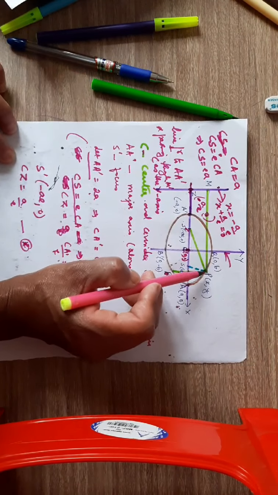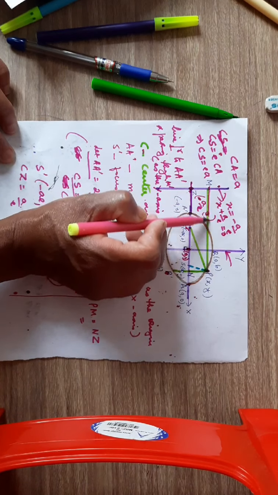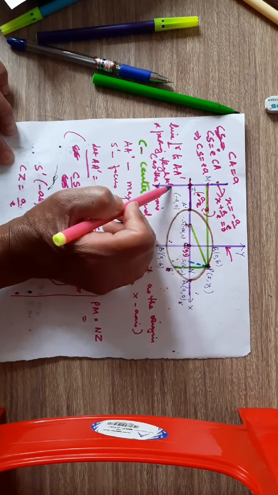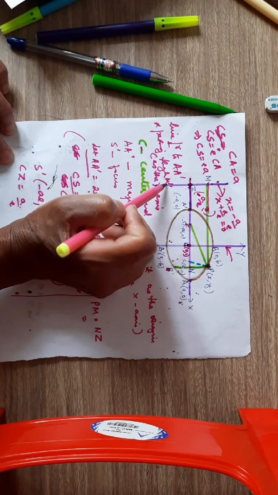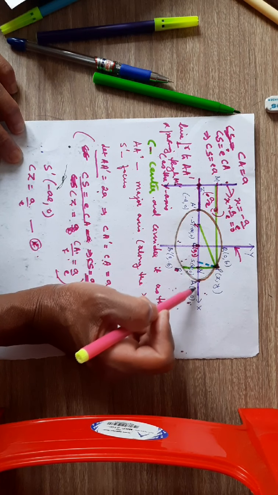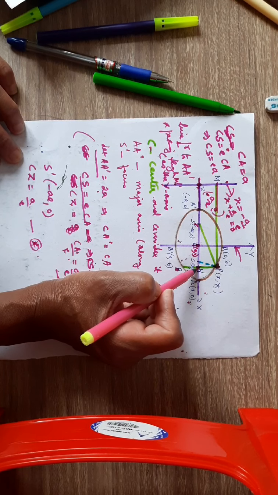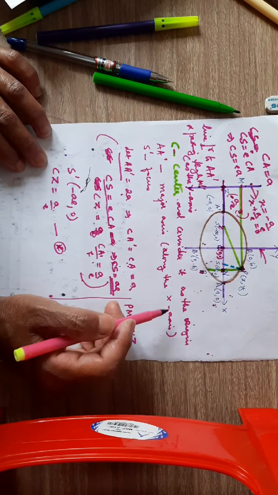Now let us take this point P which lies on the ellipse and draw PM, which is perpendicular to MM prime, the directrix here. Now draw PN which is perpendicular to the x-axis or the major axis. Now let us use the definition of an ellipse.